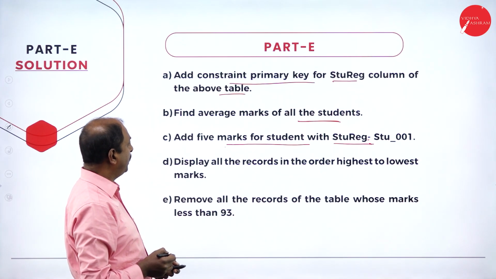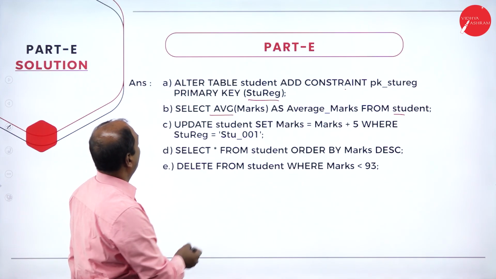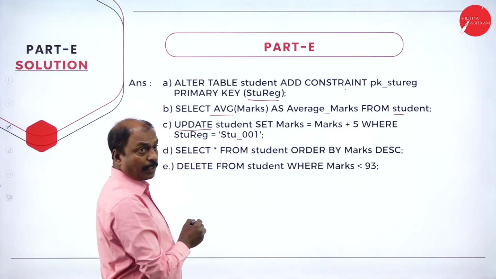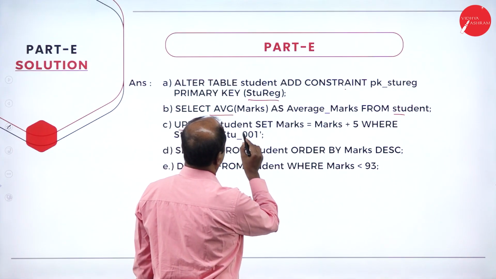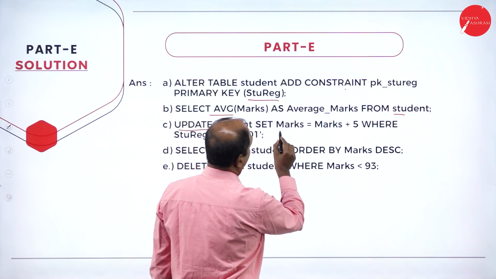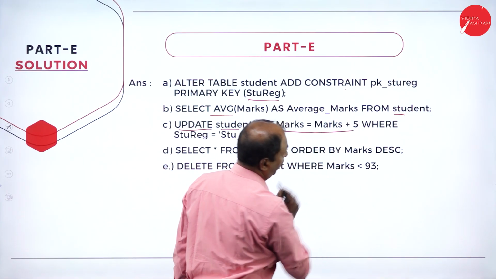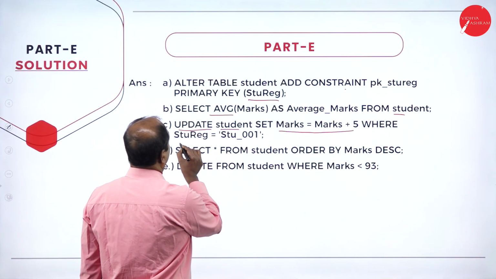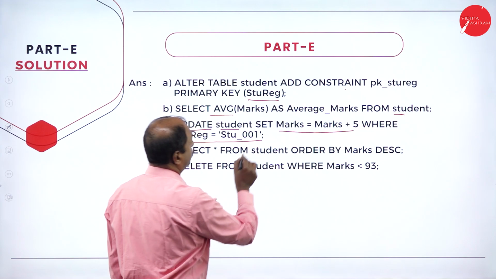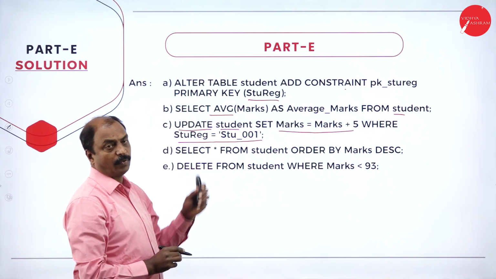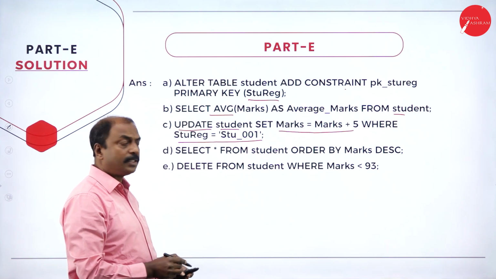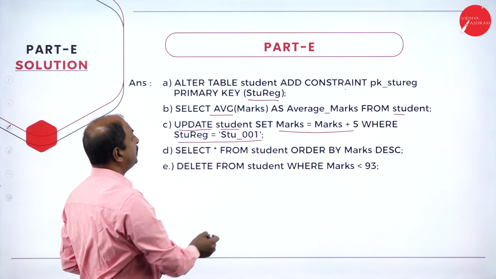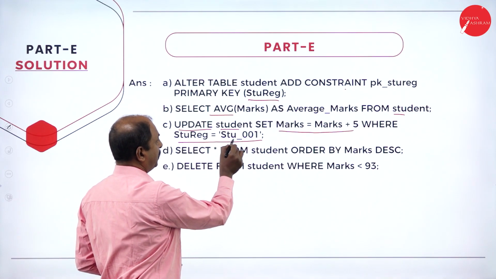Accordingly, the query would be: we are using the update command. Update student, the name of the table, set marks equals marks plus 5, and we are using the where clause, where STURAG equals STU00_001. So this is the query to add 5 marks to the register number STU00_001.